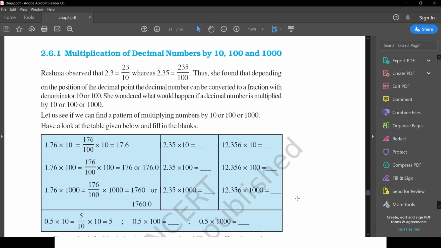You can also see the next example, when we multiply 0.5 into 10. So 5 by 10 into 10, the result will be 5. So 0.5 into 100 we can multiply. What will happen? Obviously that will be 50.